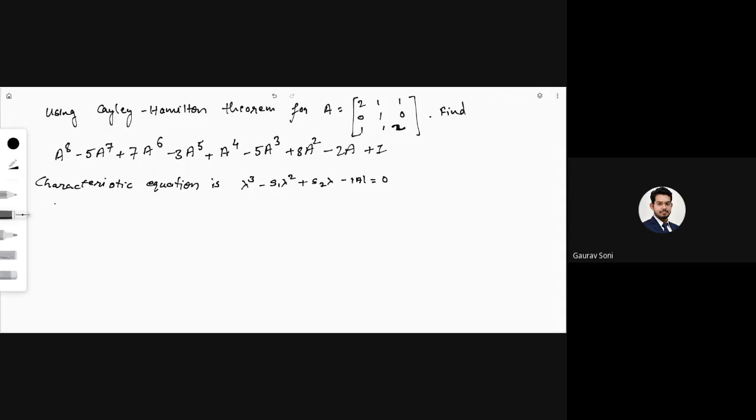What is our S1? S1 is the sum of diagonal elements, which is 2 plus 1 plus 2. So that will be 5.